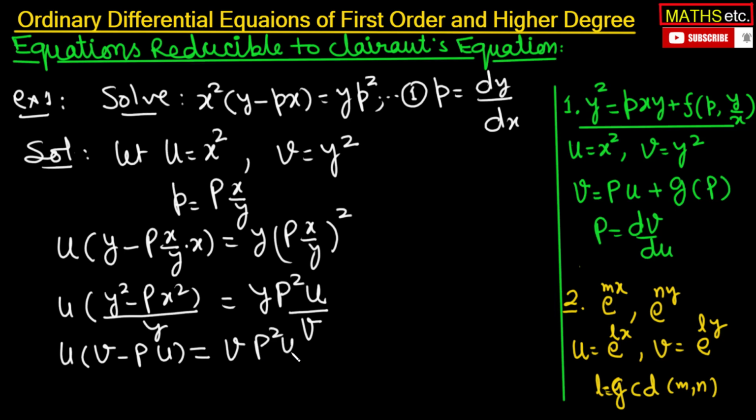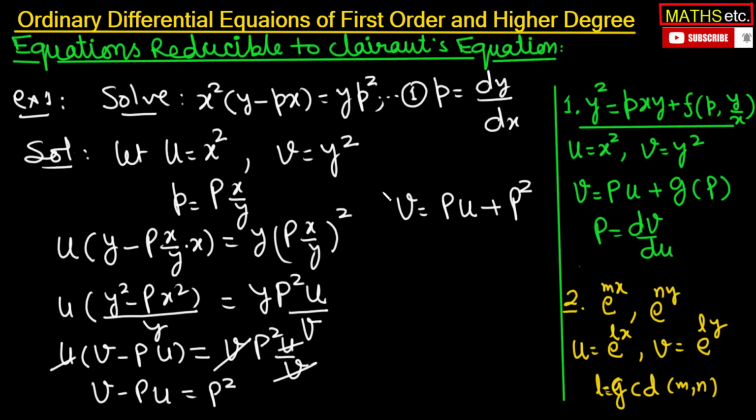This is P square u over v. v and v cancel out, and after that the u factor will be cancelled out with u. So we have v minus P u equals P square, and this one is v equals capital P u plus P square, which is clearly Clairaut's equation with dependent variable v and independent variable u.